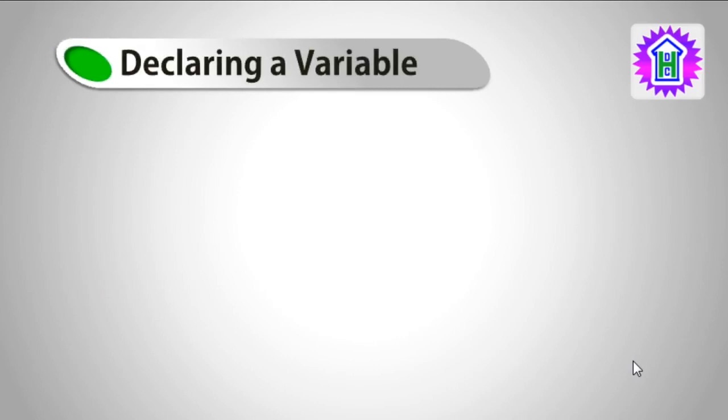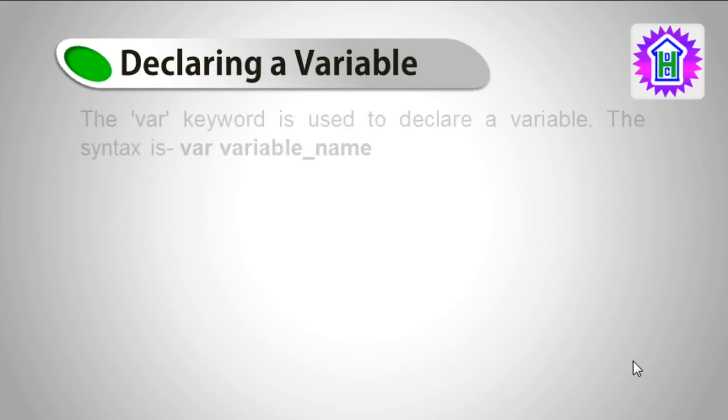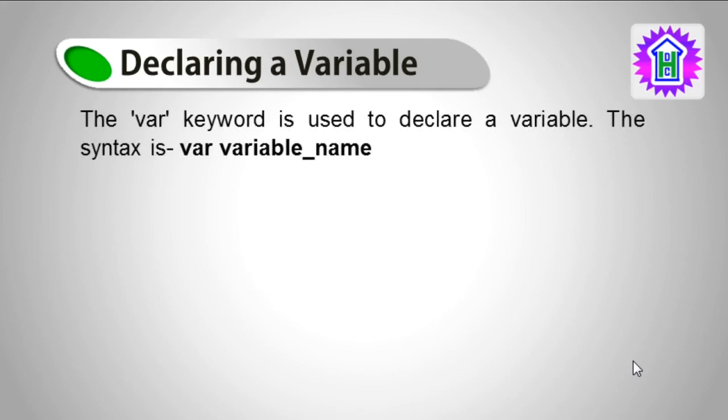Now, how to declare a variable in JavaScript? The var keyword is used to declare a variable in JavaScript. The syntax for declaring a variable is var followed by the name of the variable, or the identifier. Var followed by identifier. Let us see one example.